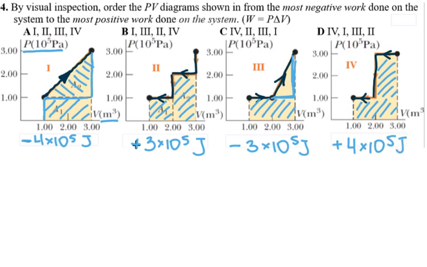And I have to place them from the most negative to the most positive. So the most negative is 1, then it is 3, then it is 2, and then it is 4. And that would be 1, 3, 2, 4. It's B.